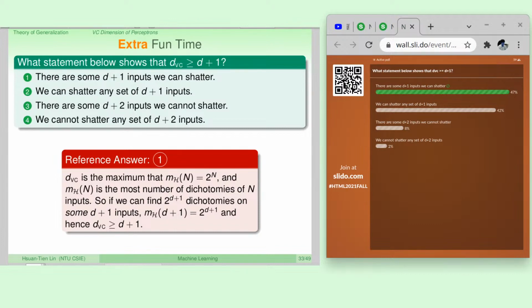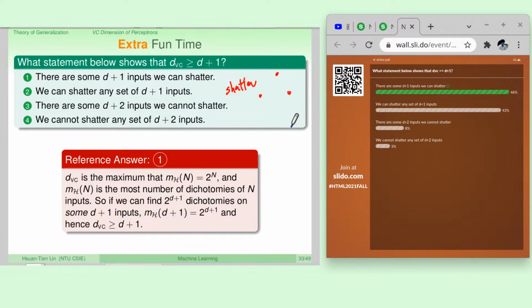Now, if you are confused, think about what we did for 3 input vectors in 2D perceptrons. We have 2 cases. In one case, we have this set of 3 points, put in a triangle, and we say we can shatter those, because we can produce all the 8 possible dichotomies with the perceptrons.